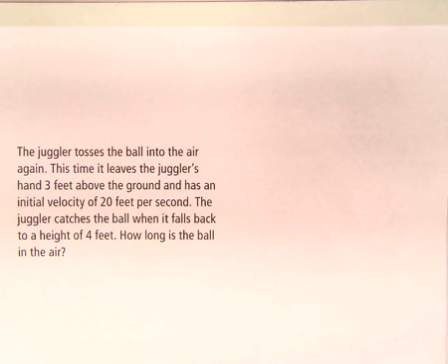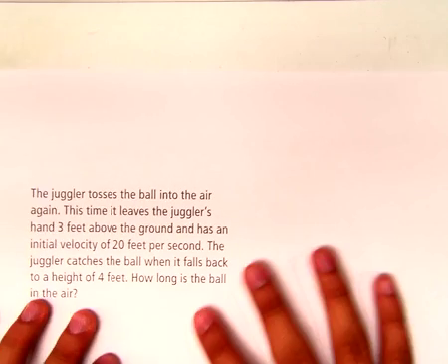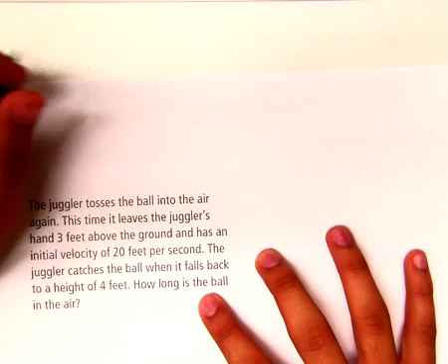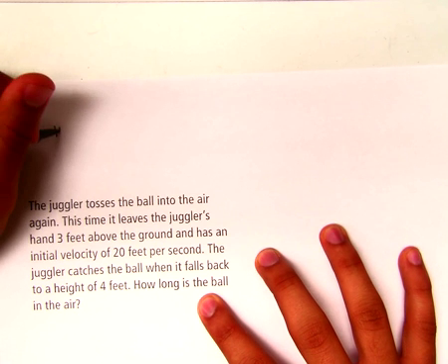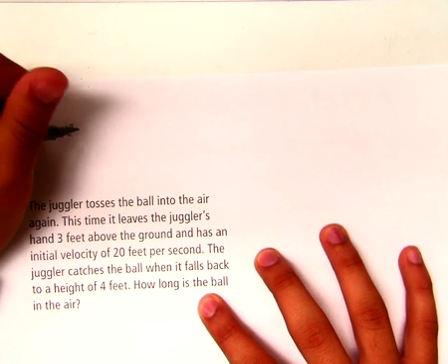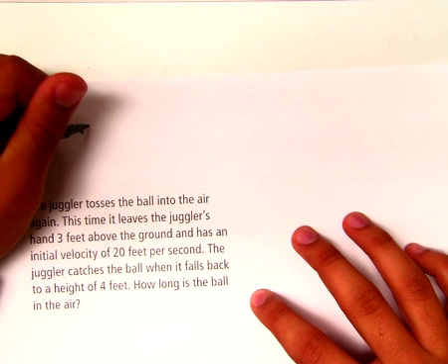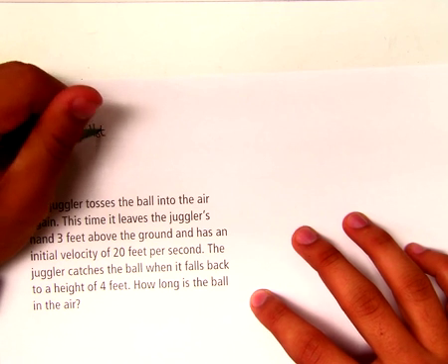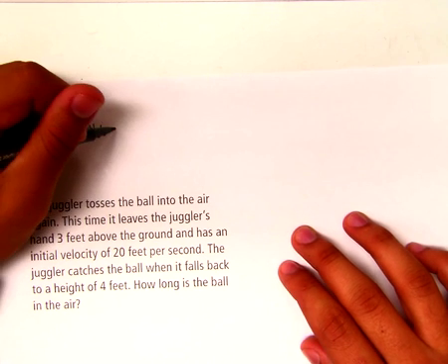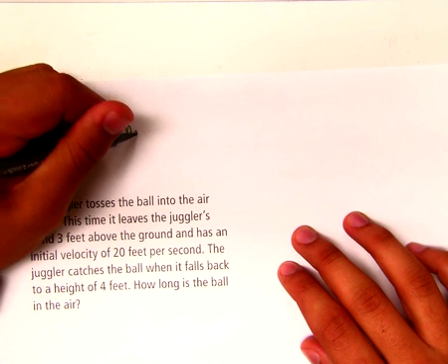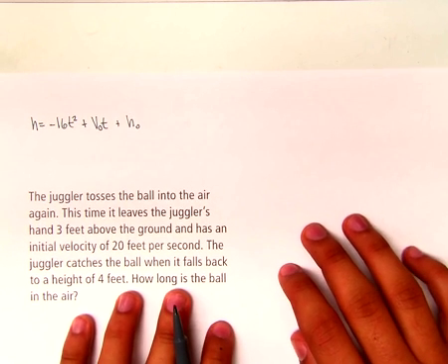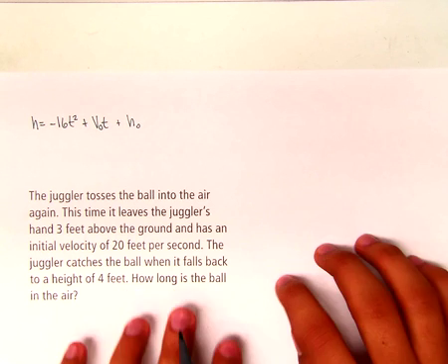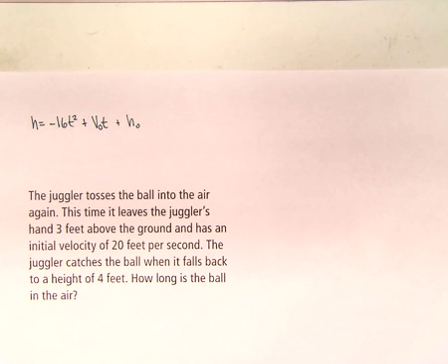That equation is the function h equals -16t squared plus the initial velocity times t plus the initial height. This is the function that we will use whenever we have an object being tossed into the air.